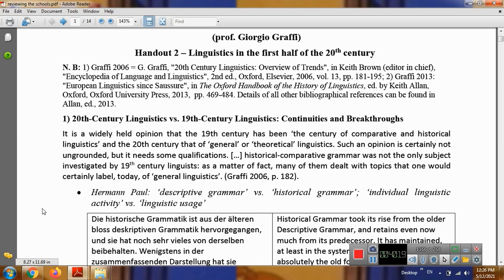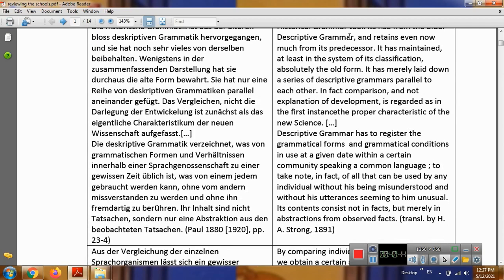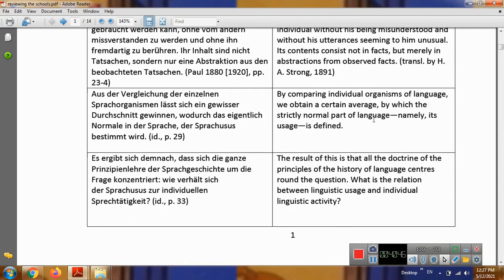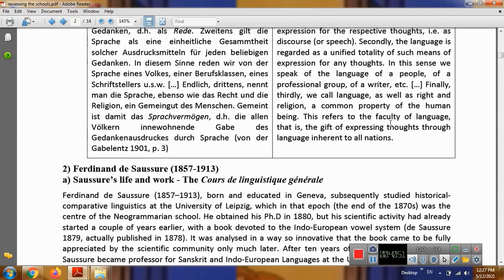In the 19th century, we were dealing with comparative and historical linguistics, but in the 20th century we were dealing with general and theoretical linguistics. We told you about descriptive grammar versus historical grammar, and individual linguistic activity versus linguistic usage. We explained them in this paragraph, in this table.